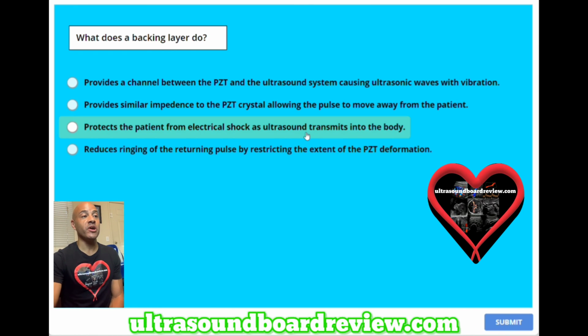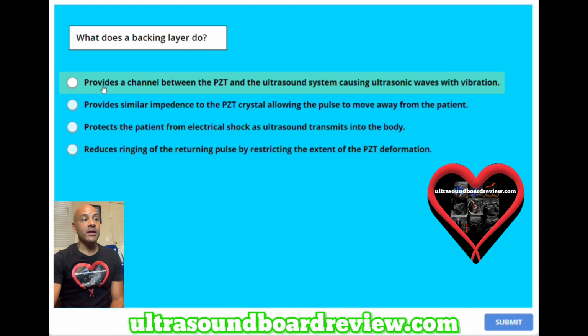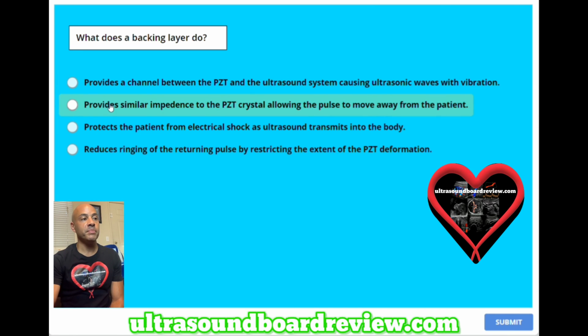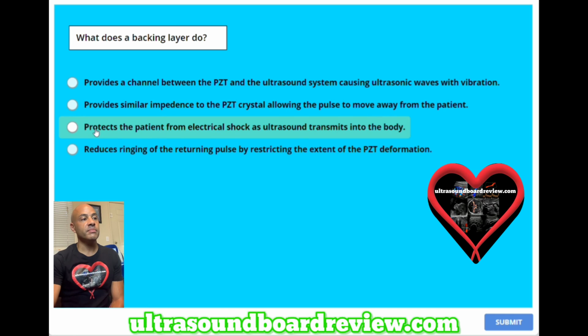Question 36, and this will be our last question for this video. What does the backing layer do? A, provides a channel between the PZT and the ultrasound system, causing ultrasonic waves with vibration. B, provides similar impedance to the PZT crystal, allowing the pulse to move away from the patient. C, protects the patient from electrical shock as ultrasound transmits into the body.